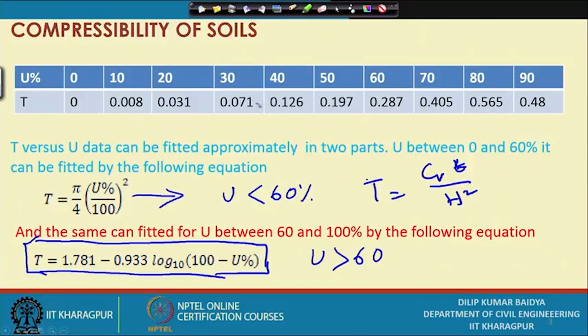So, these two equations, three ways can be used. One, directly one can read the chart: you know the degree of consolidation 50%, from the chart you find out what is the T. Another way, generate data for T versus U, then you fit. Or you can directly use the equation: if you know the U, find out T from this equation. So, in these ways one can find out T versus U.